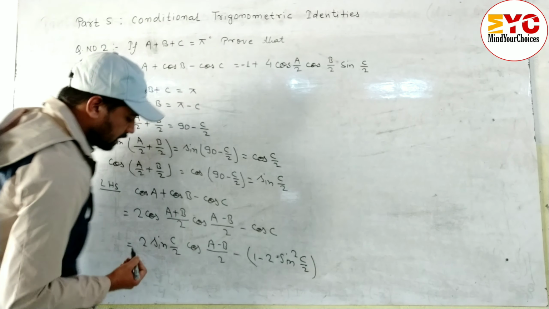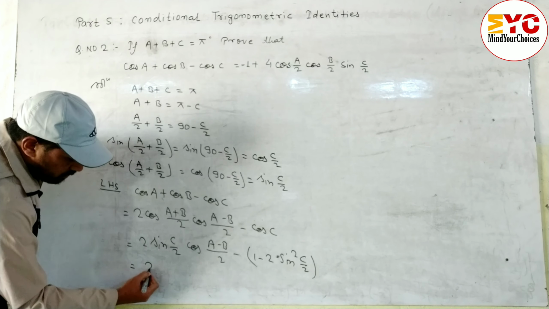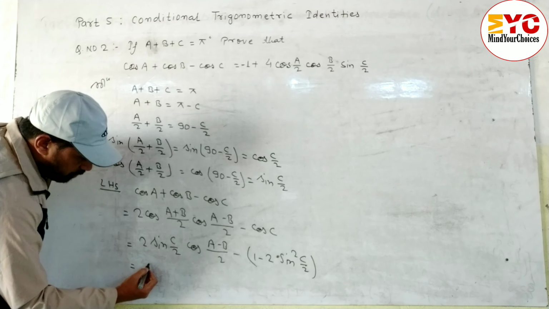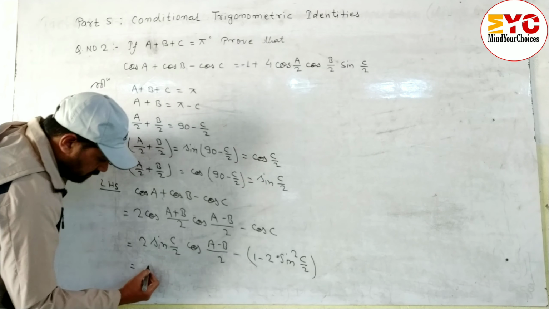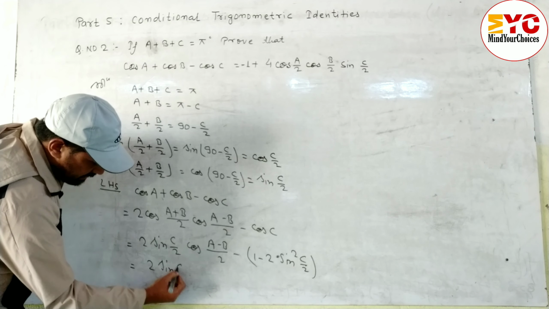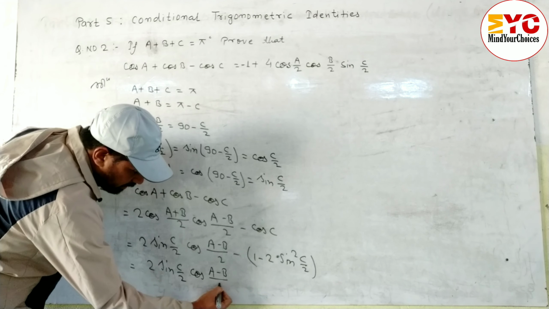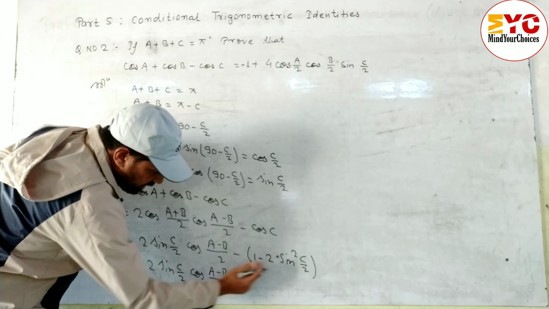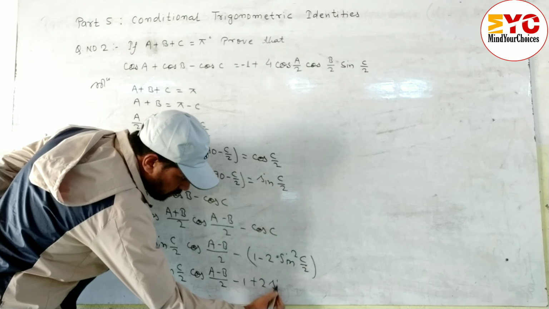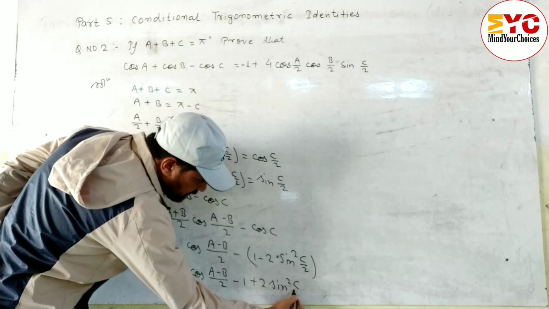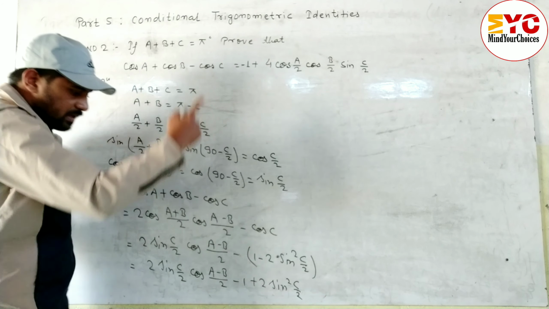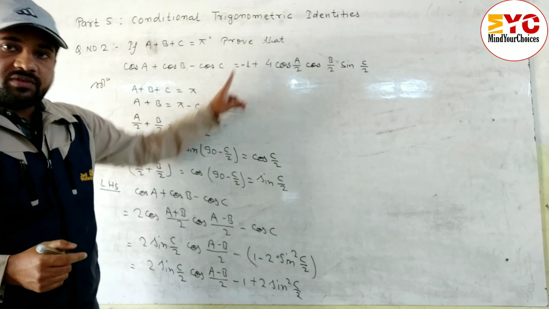Now we have to open the bracket: 2 sin C by 2 cos (A minus B) by 2 minus 1 plus 2 sin squared C by 2. Here is minus 1. In the RHS we need minus 1, we got it already.